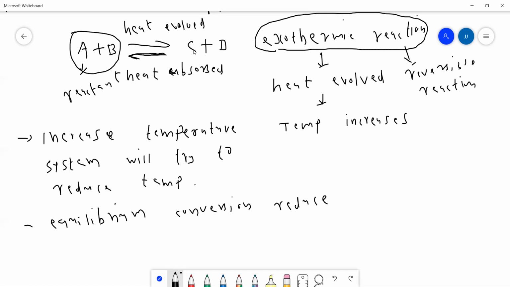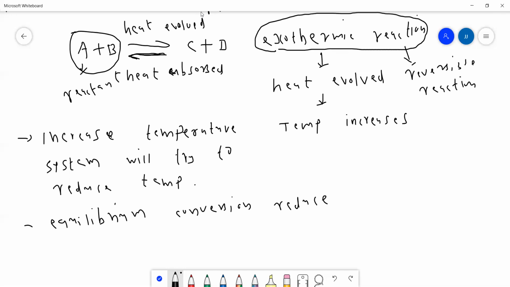So in this case the equilibrium conversion of A will be increased. This is the vice versa: when we reduce the temperature, the system tries to increase it, A and B react to form C and D, heat is evolved, and the conversion of A increases.